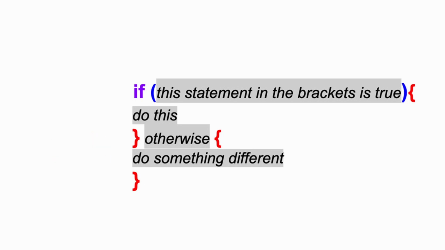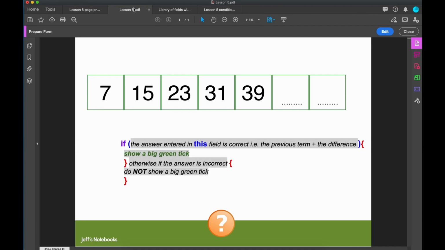Let's take this initial statement and take it through an interim step before we go to the actual coding. And we can read it like this. If the answer entered into this field is correct, that is the previous term plus the difference, show a big green tick. Otherwise, if the answer is incorrect, do not show a big green tick.